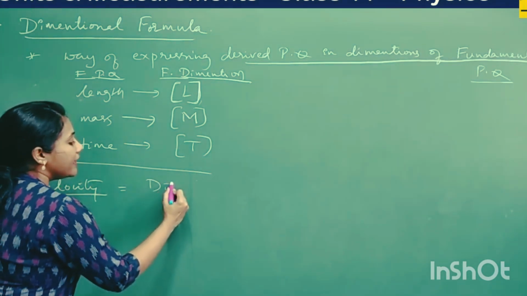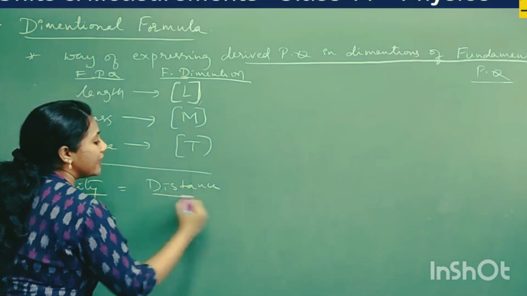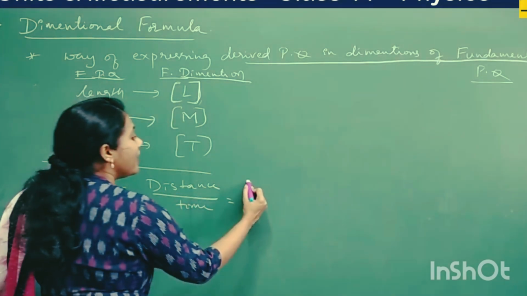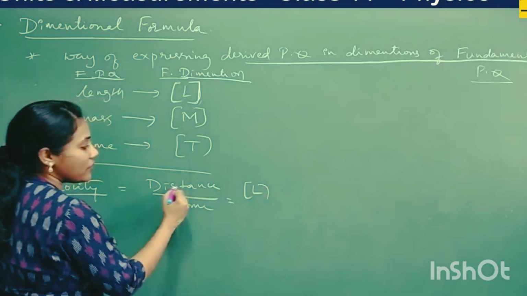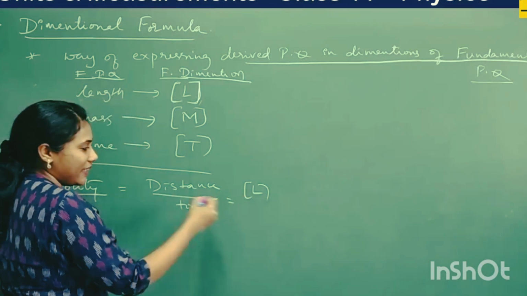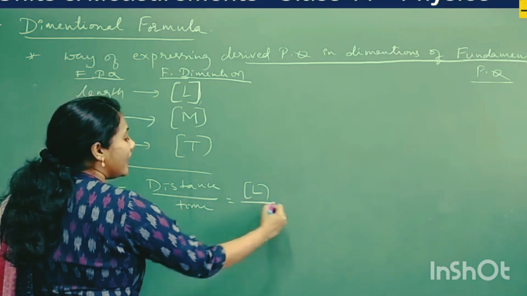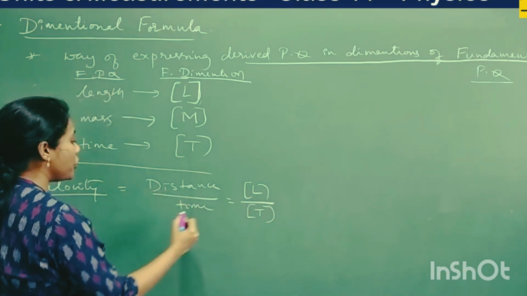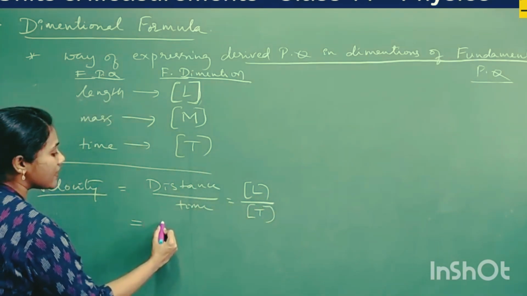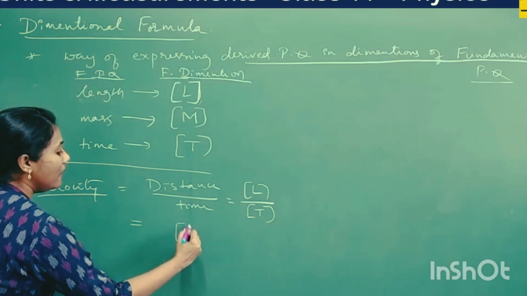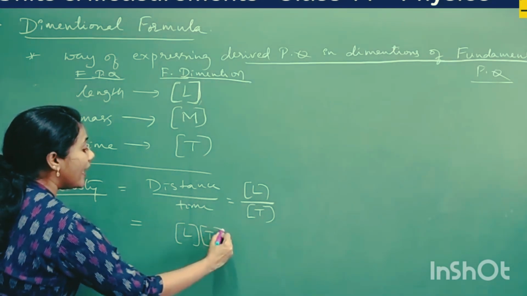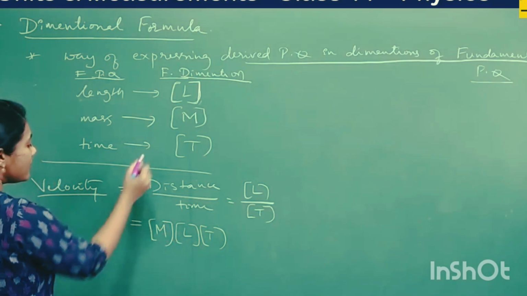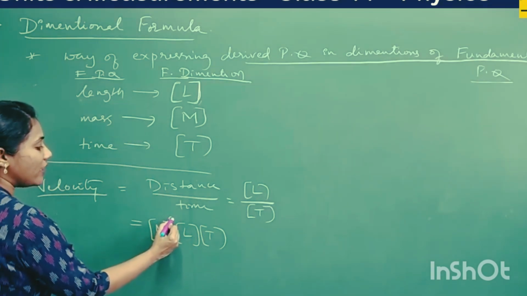Velocity means distance by time. Distance means length, so you will write L. The dimension for length is L, and the dimension for time is T, right? So the dimension of velocity is L, T, and you will also express it in terms of M, but there is no mass term involved in velocity, so you will write it as 0.